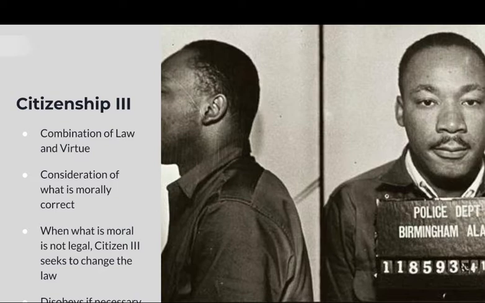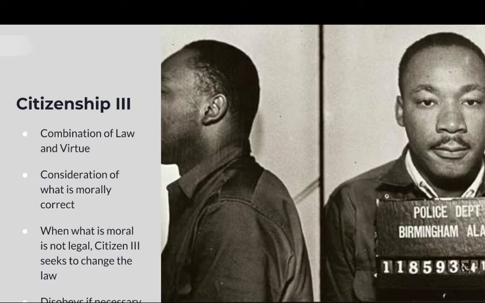So at this point, I'd like to ask you, where would you classify most people in the United States? No right or wrong answer necessarily, but I'm curious about what your perceptions are at this point. Where do most people fall on this citizenship 1, 2, or 3 category? Where would you put most people?